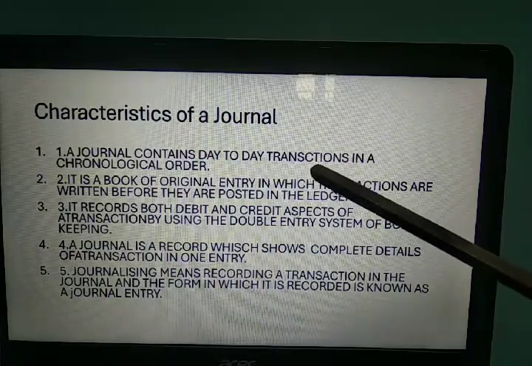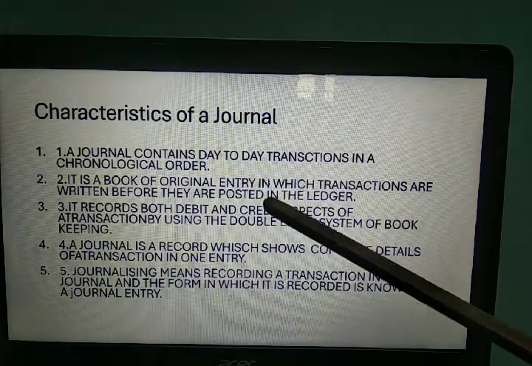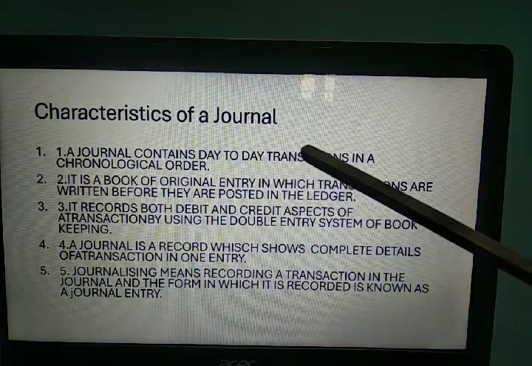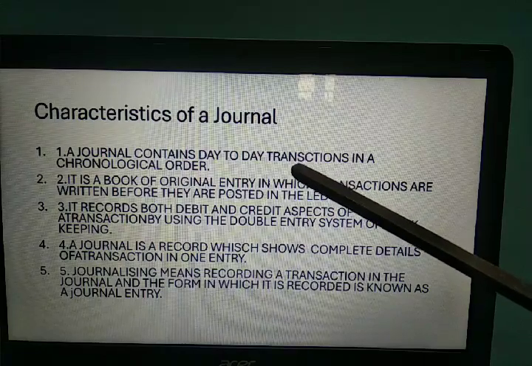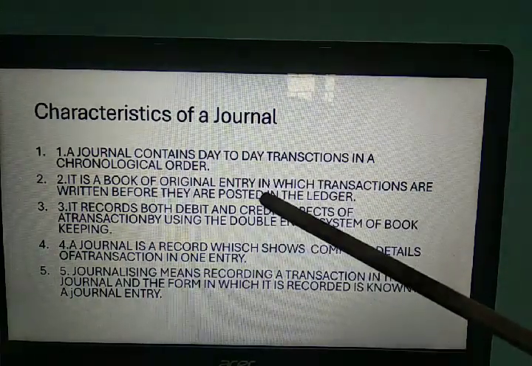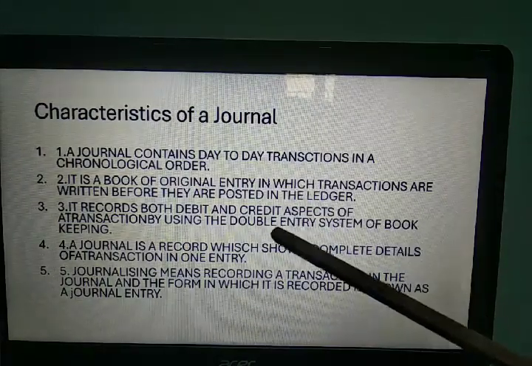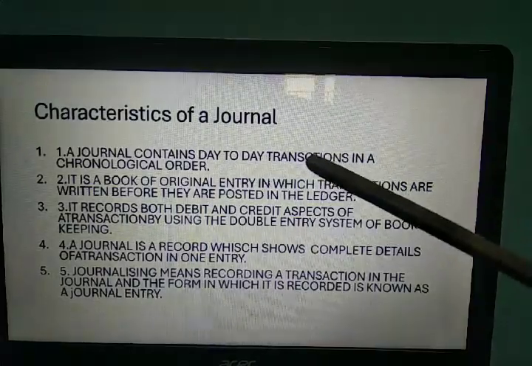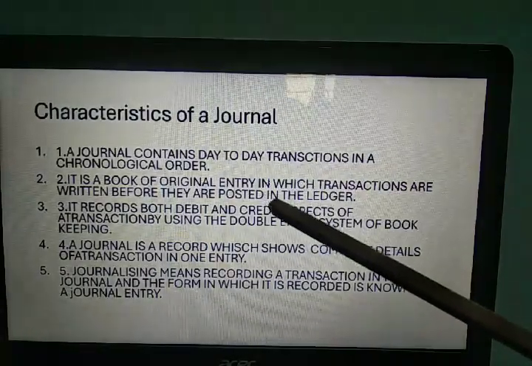Journal contains day-to-day transactions in chronological order. That means day basis. Chronology means day. You cannot intermix it: after 2nd January, then 3rd January, then 4th January, like this. It is a book of original entry because transactions are written before they are posted into the ledger.